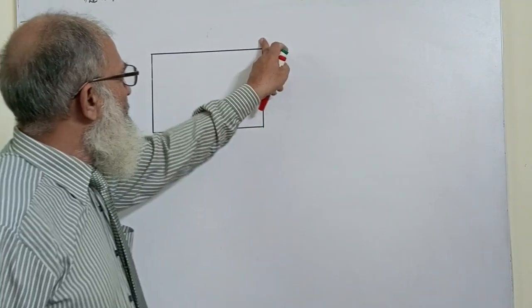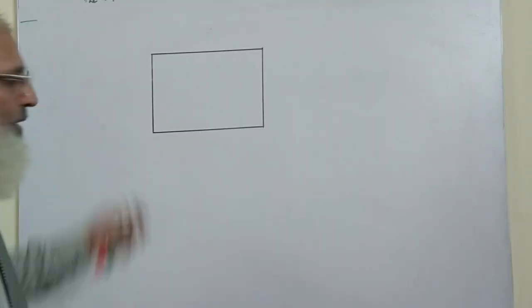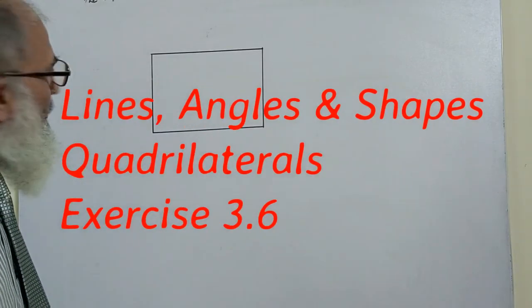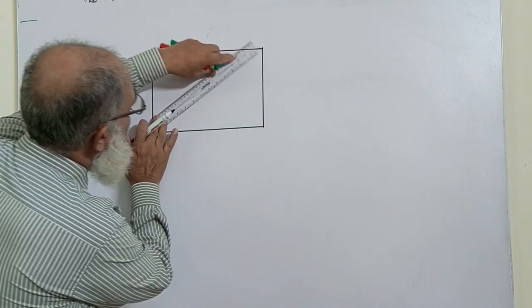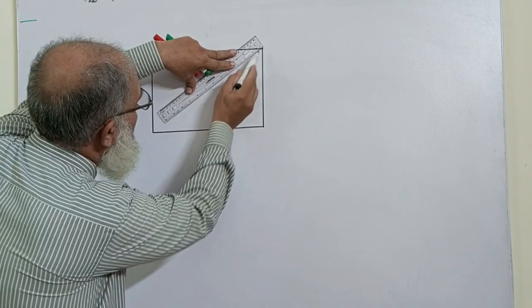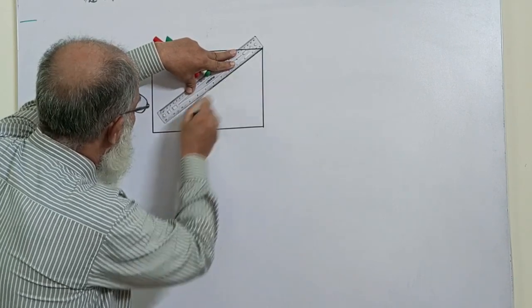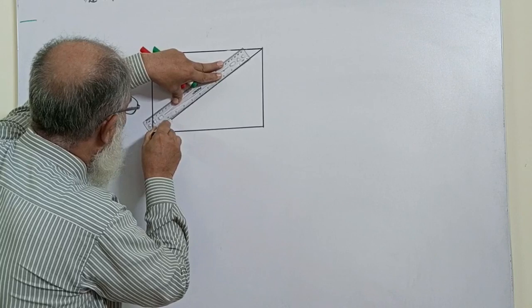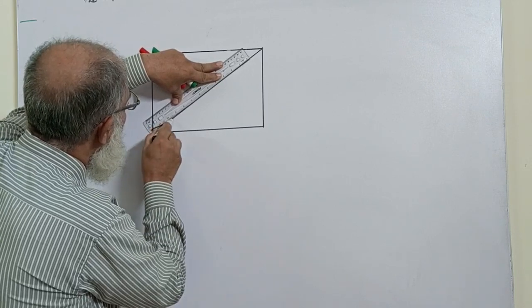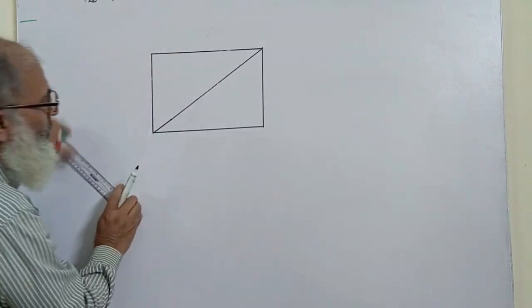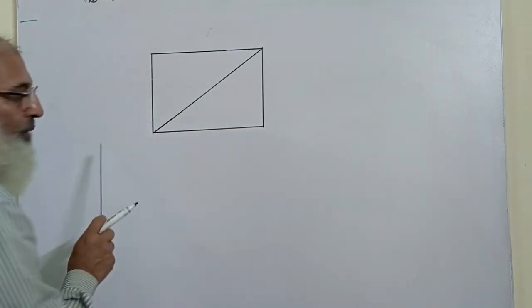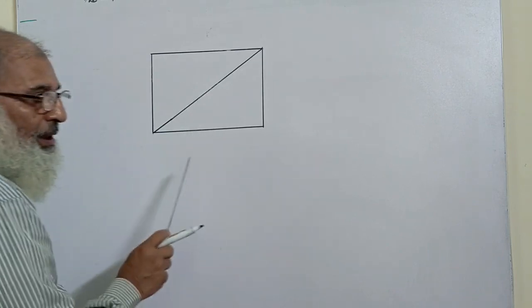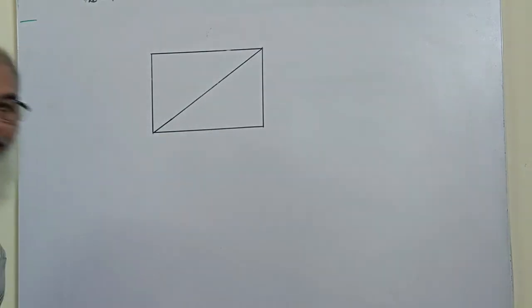Now, if I draw a picture, dear students, this is a rectangle, and if I make a diagonal between the two corners, what will happen? You see, my dear students, this rectangle has been divided into two triangles.